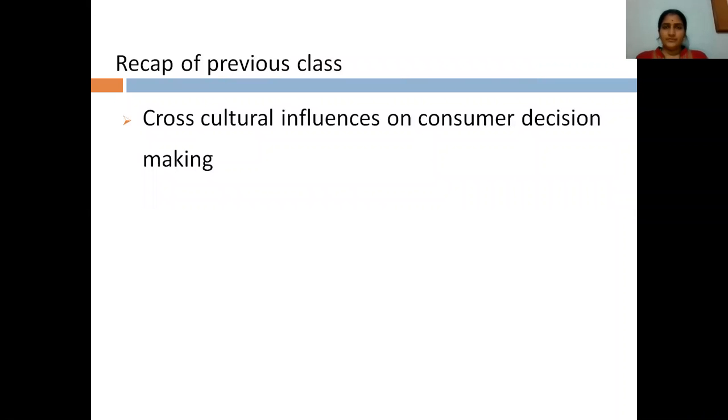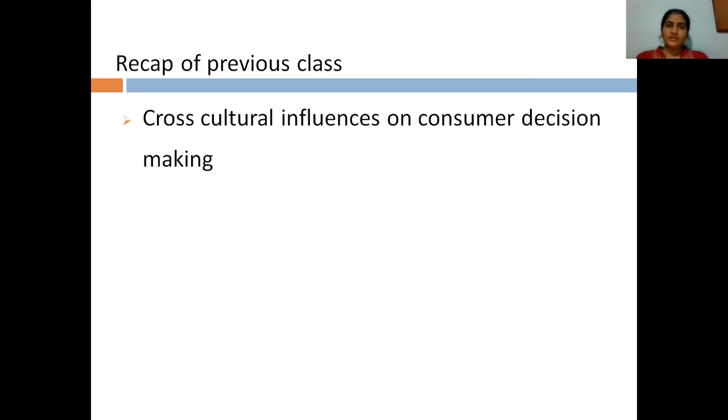So first, exactly before starting today's topic, we will recap what was discussed in the previous session, which relates to the topic cross-cultural influences on consumer decision making. So how different cultures are influencing a particular consumer for making their decision.